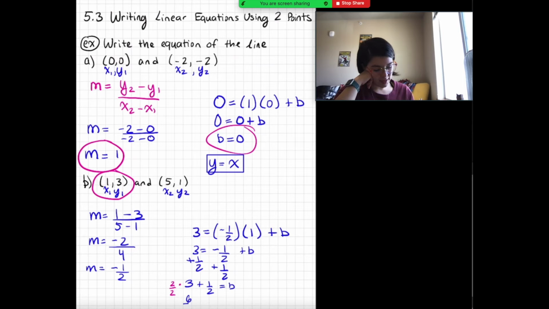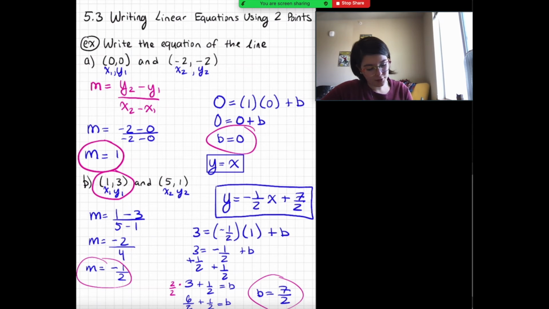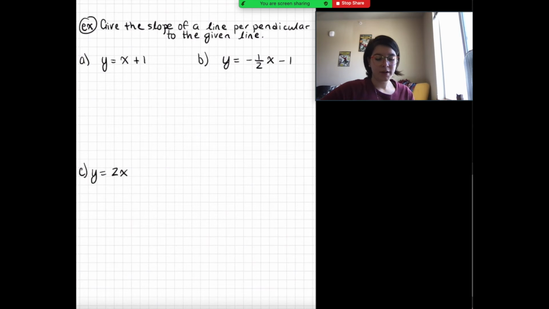So we get 6/2 plus 1/2 is b. So our b value would be 7/2. So now we know our b, we know our m, and we can just plug it in. Y equals -1/2 x plus 7/2. And there's our equation.